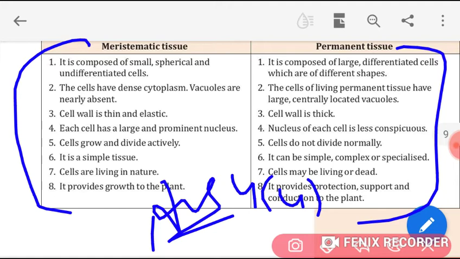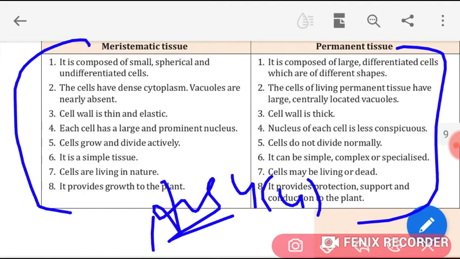Meristematic tissue is composed of small spherical and undifferentiated cells, while permanent tissue is composed of large differentiated cells which are of different shapes. Second, cells have dense cytoplasm, vacuoles are nearly absent. Cells of living permanent tissues have large centrally located vacuoles.